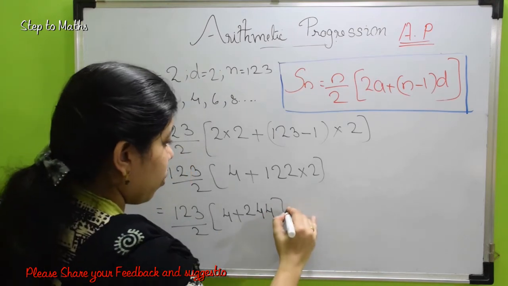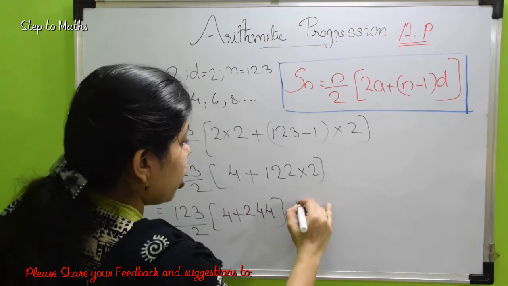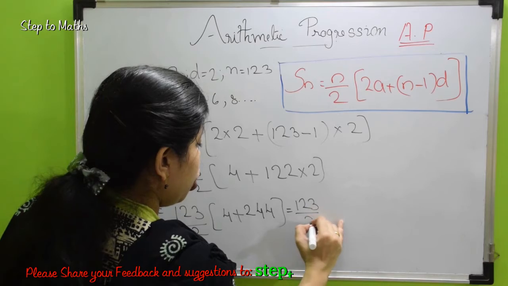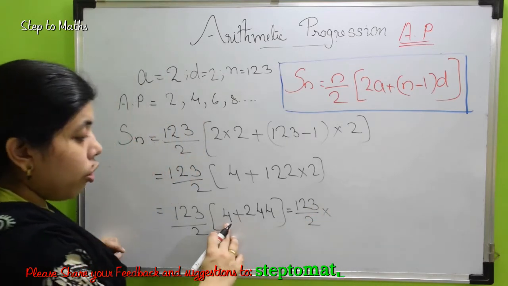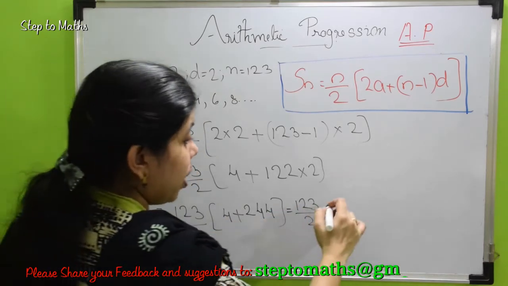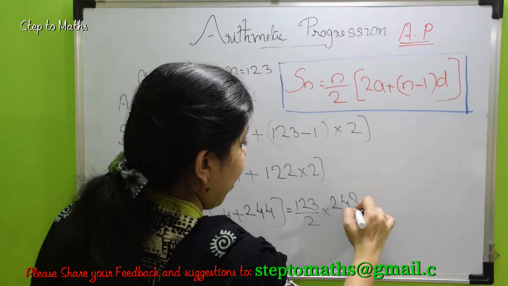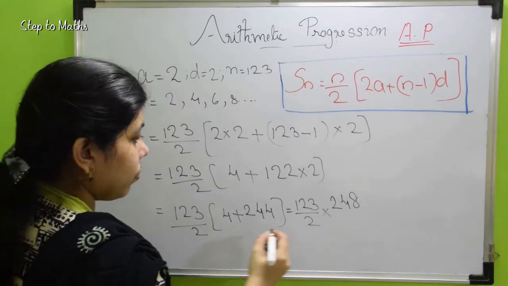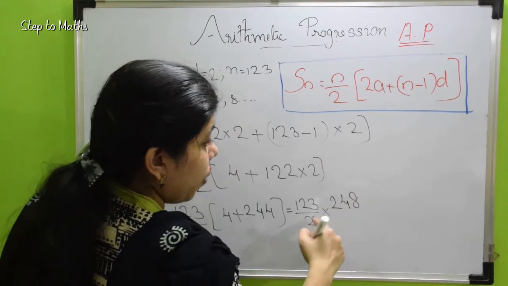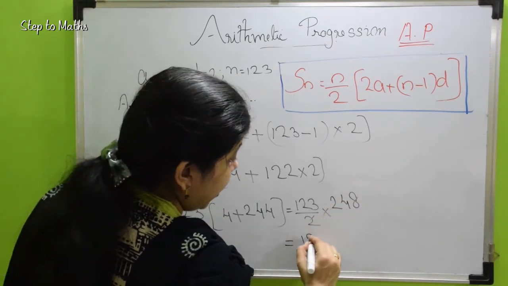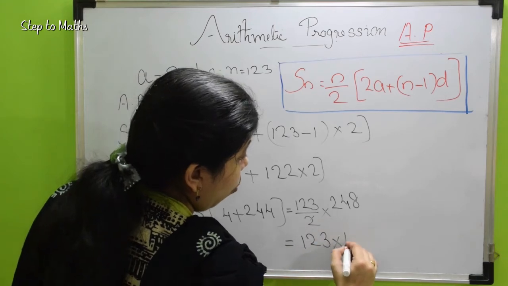244. Or we can write it as 123 upon 2 into 4 plus 244 is 248. We can cancel this 248, and it becomes 123 into 124.